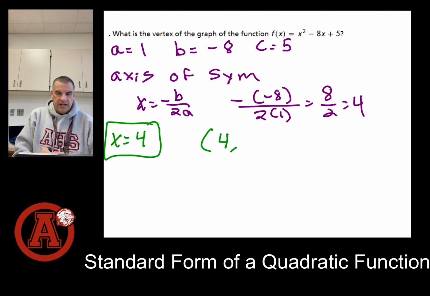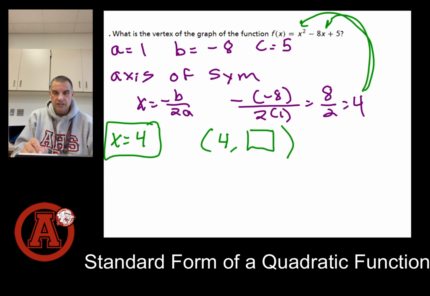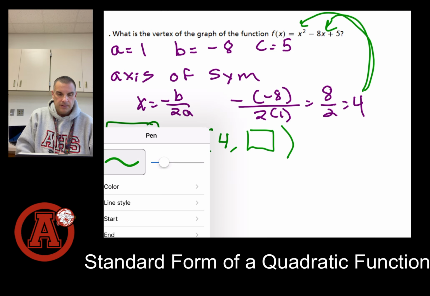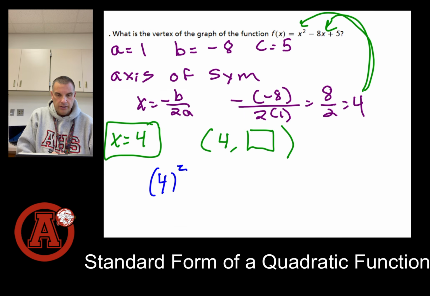The 4 helps us find our y value. So now we can go ahead and find our y value by substituting 4 into our x values. So we've got 4 squared minus 8 times 4 plus 5.